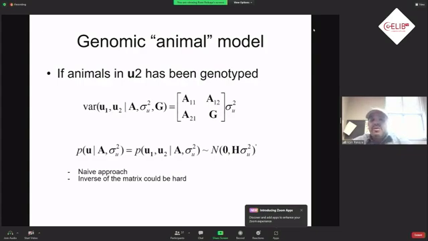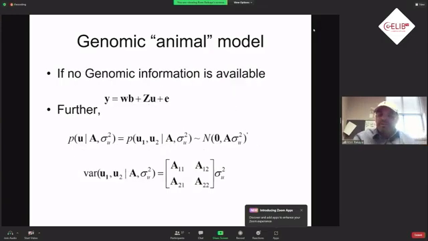For the genotyped animals, we know that they have another piece of information, which is their genotype. So here I'm presenting the dilemma for you. On one hand, I have the pedigree information for the genotyped and non-genotyped individuals, and from that I can compute the average relationship between all the animals, genotyped and non-genotyped.